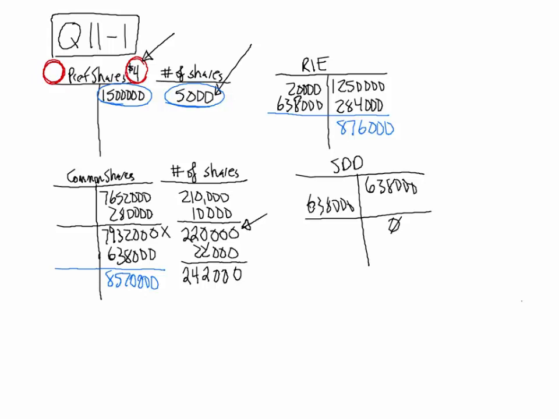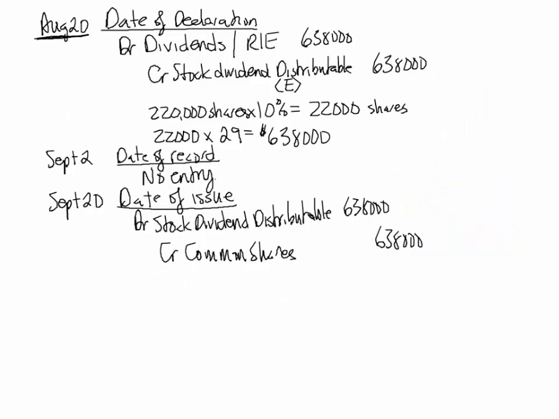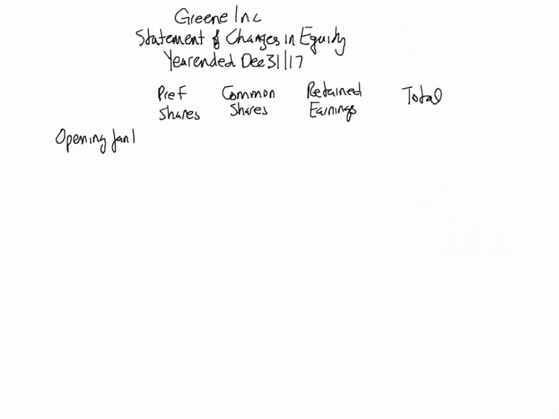So when I'm looking at it, I'm going to choose this number, I'm going to choose this number, I'm going to choose this number, because those are all the opening balances. So I use the opening balances in order to create my statement of changes in equity. And as I look to see the changes that happened, I'm going to use the information in the T accounts also.